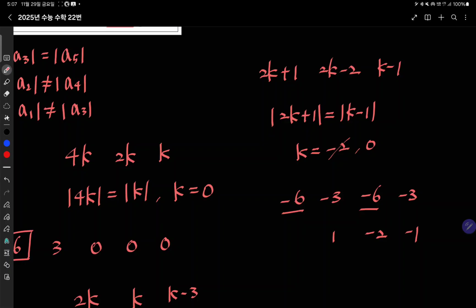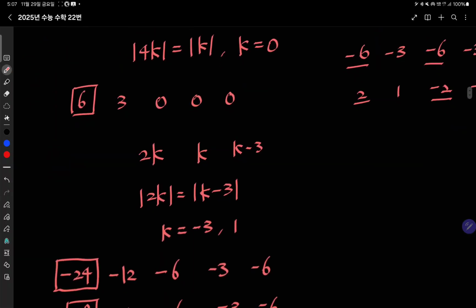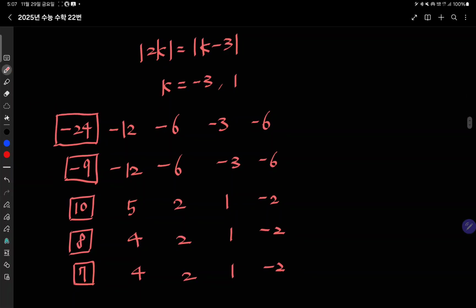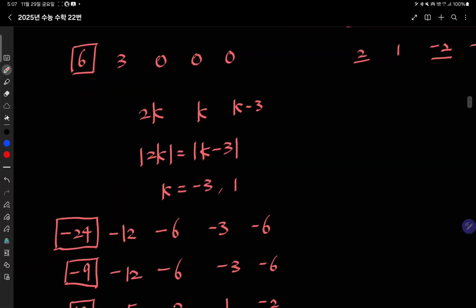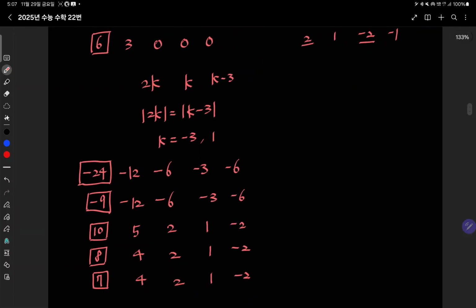And once again, the second term is 2, but the problem is that the second term and fourth term have the same absolute value. So this also is not the case. So all the possible values for the first term are these 5 values.